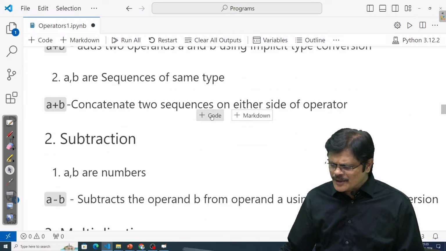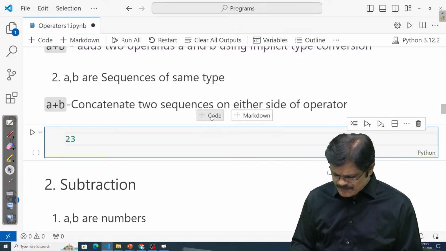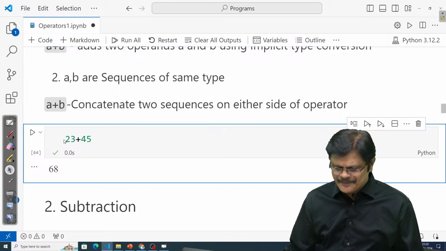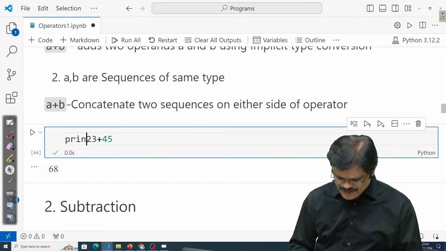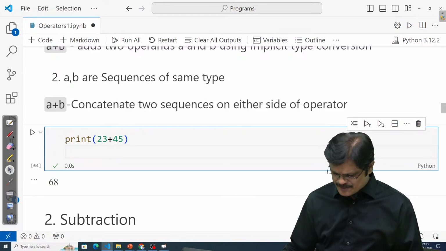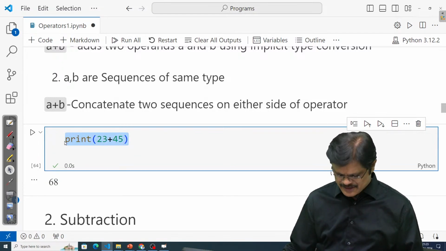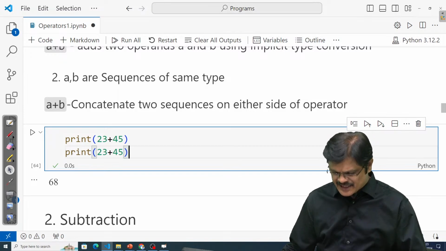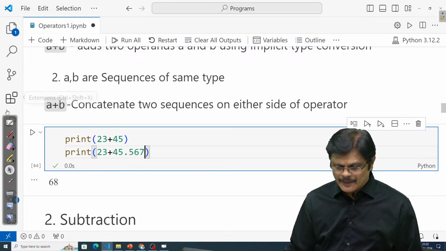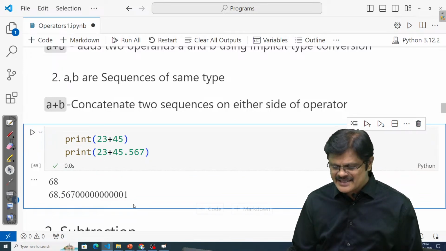So the addition is normal, sir. You can just take any two numbers, add them, and you get the required result. I'll just use print so that we can see all the results together. Then I'll change the numbers. If we are having both integers, the result is integer. Suppose I make one of them a floating point number, the result is a floating point number.